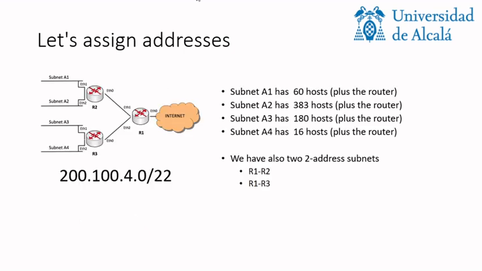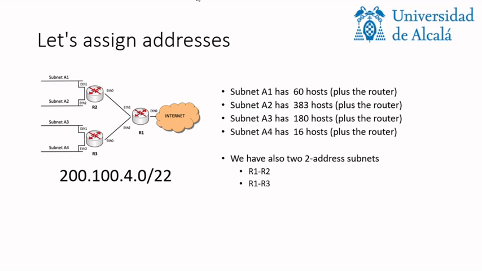To do this, we have an available set of network addresses defined by 200.100.4.0/22. The requirements of this scenario are detailed on the right side. Subnet A1 has 60 hosts, A2 has 383 hosts, subnet A3 has 180, and A4 has 16.